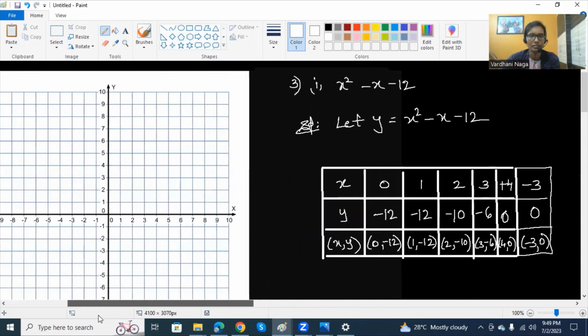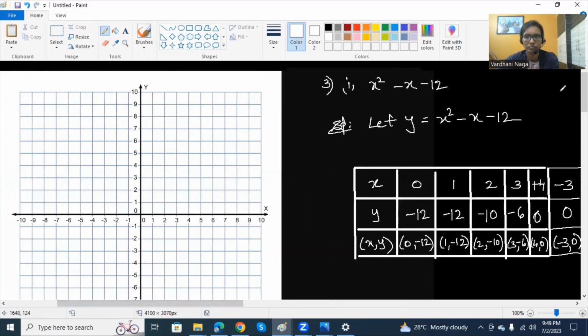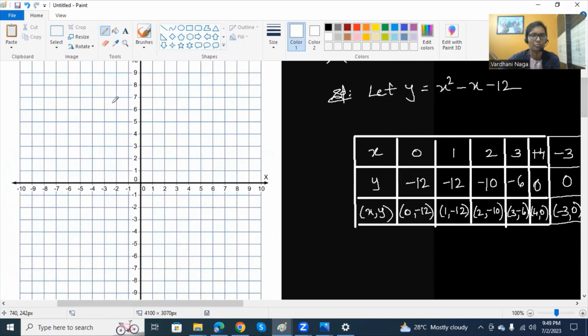Take the graph here. I'll pick red color for the perfection. Now see, this is your x-axis. The horizontal line is the x-axis and the vertical line is the y-axis.